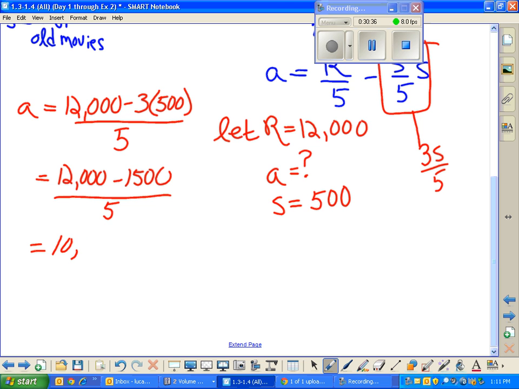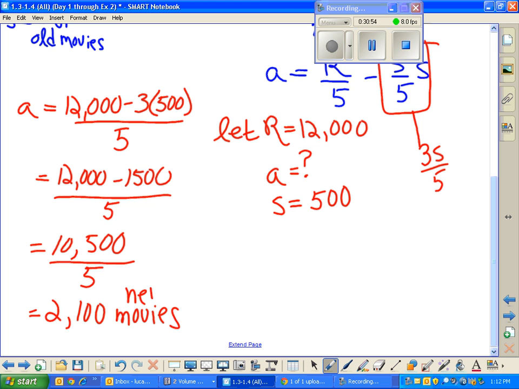So really you get 10,500 divided by 5. Well, I know 5 goes into 10 twice. 500 is going to be 100. 2,100. I always wrote novies, and I guess it would be new movies if we're getting technical. You good with that? I did the order of operations is what I did.